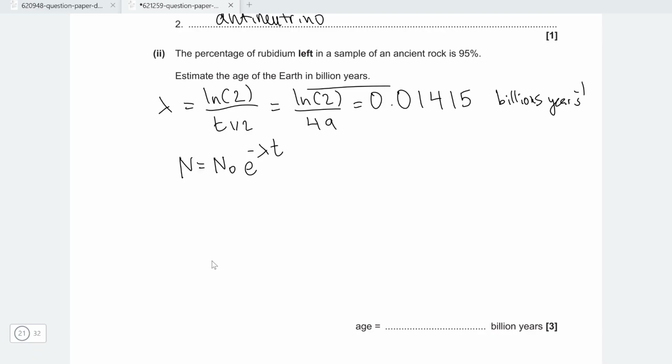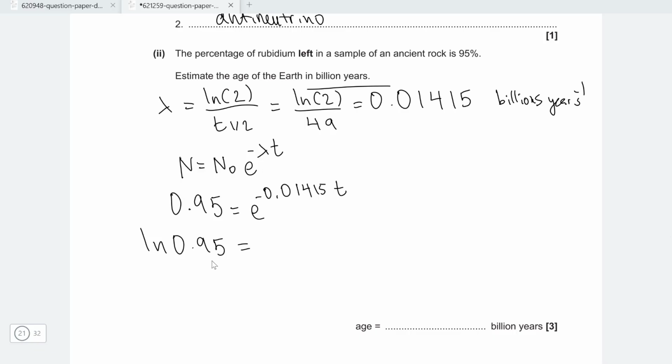So this means that this ratio n over n naught will be equal to 0.95, will be equal to e to the minus lambda, which is 0.01415 times t.